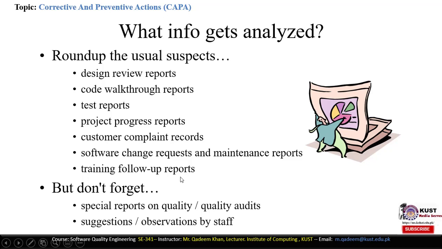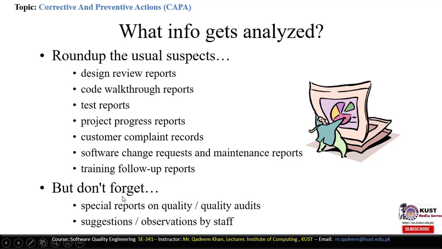After the trainings, if you have a certain report, then that report should also be monitored, and checked for any sort of problems that arise. So all these reports provide you good feedback and act as an input for the CAPA process.